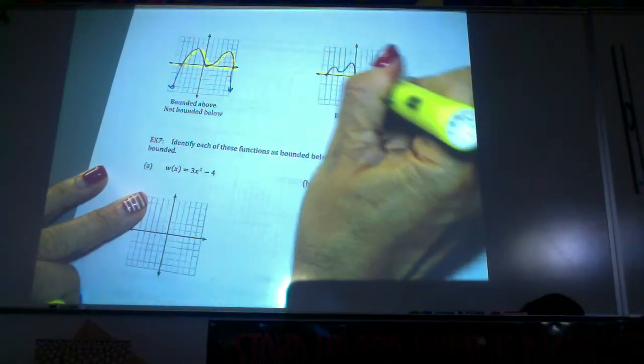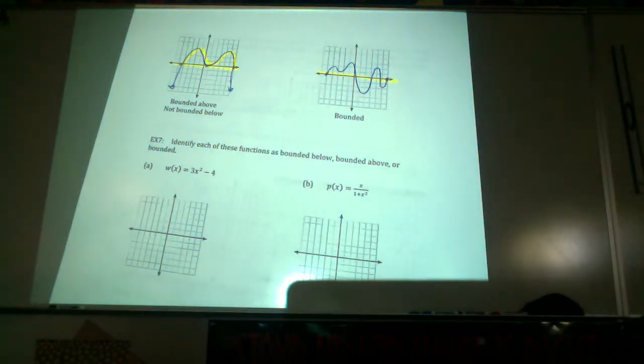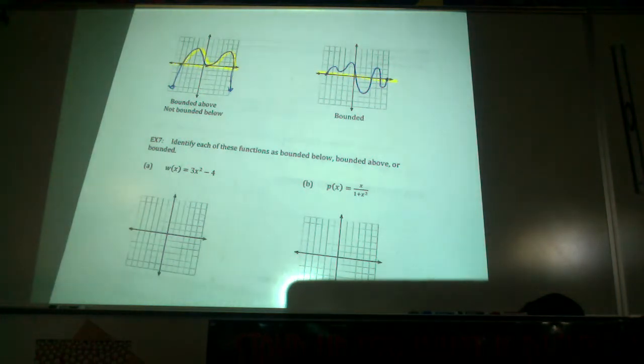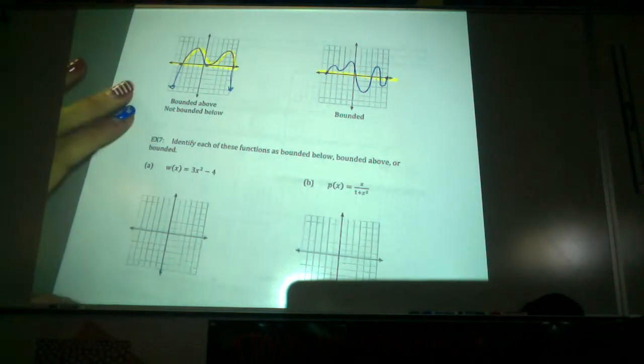Even though this is our x-axis and the graph is bounded both above and below the x-axis, because it's bounded both above and below, it's considered just bounded. So the assumption is it's bounded both above and below. So that seems fairly straightforward, yes? Well, until we get to a particular example. So before I get to that, let's talk about example 7.